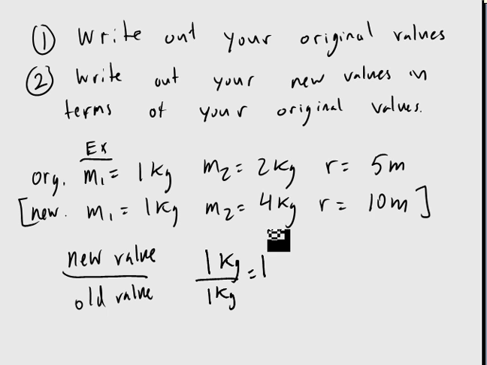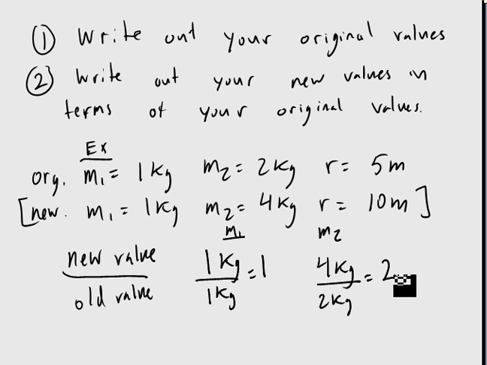Not very exciting. For mass 2, I have 4 kilograms over 2 kilograms, so I'll get 2. And for R, I'll have 10 meters over 5 meters, and I'll get 2.